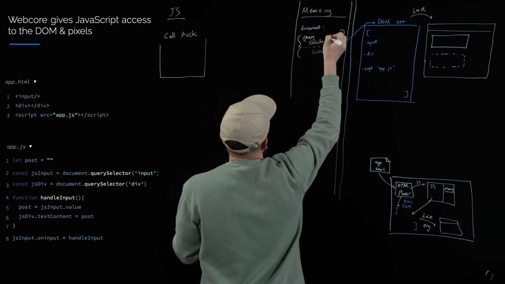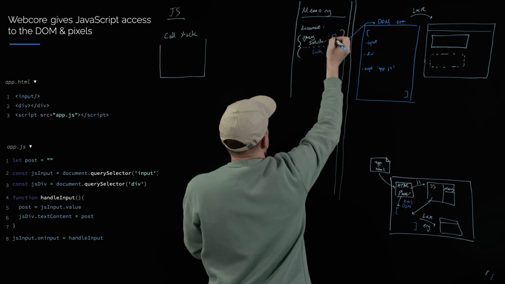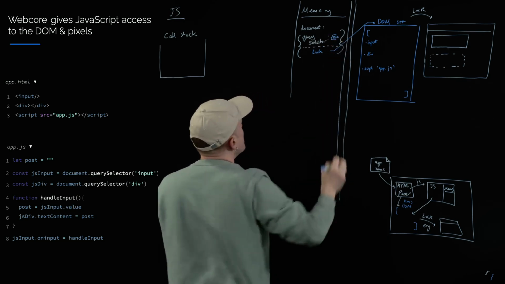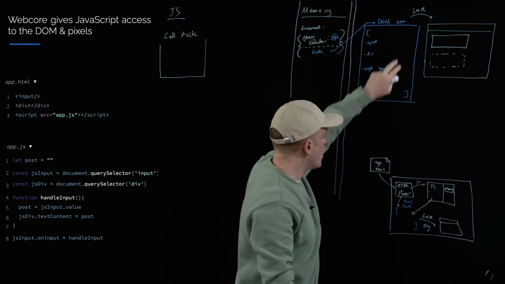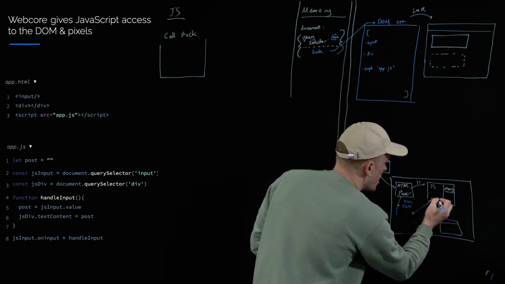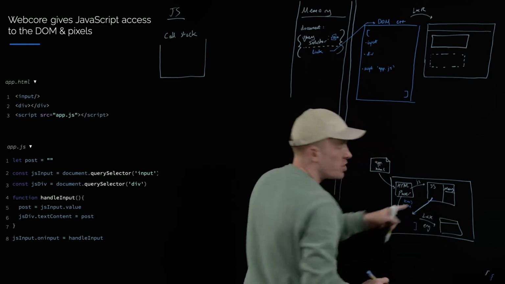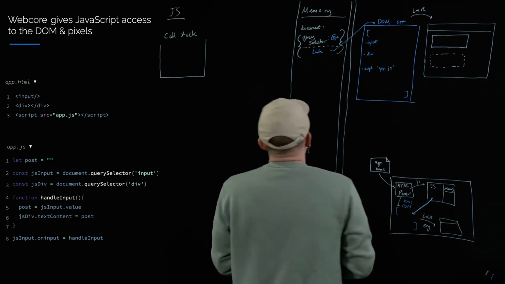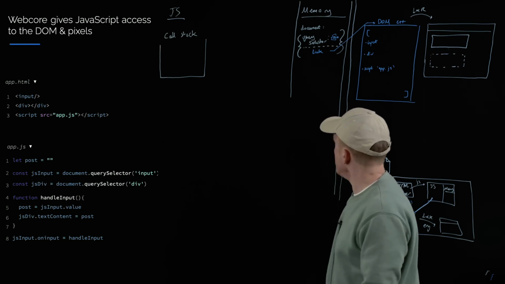There are others that allow me to create elements, all of which are not only taking action in JavaScript, they're also having consequences outside of JavaScript. Beautiful. So I think that is enough to get started with.